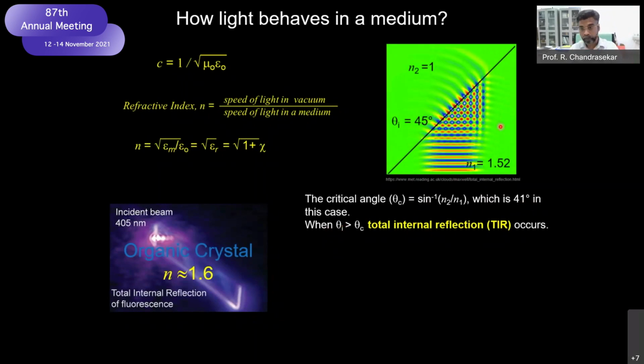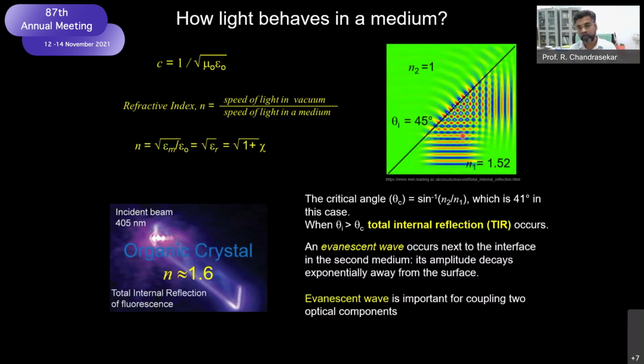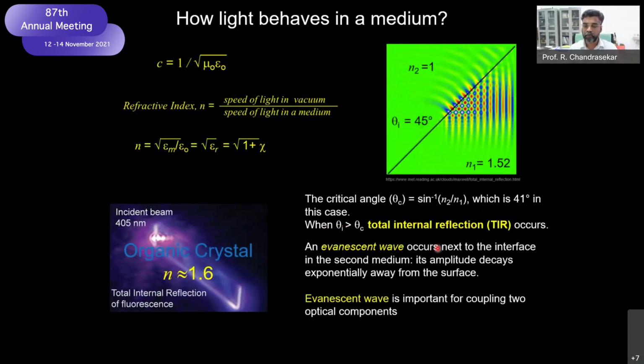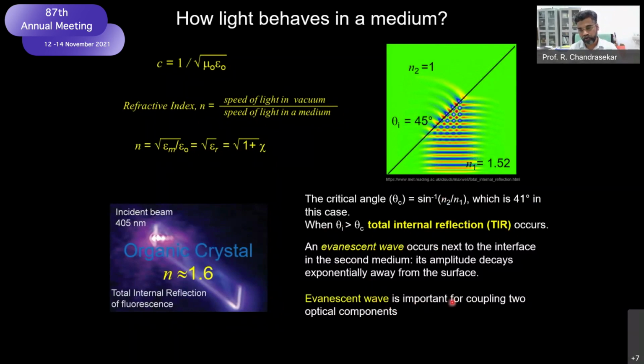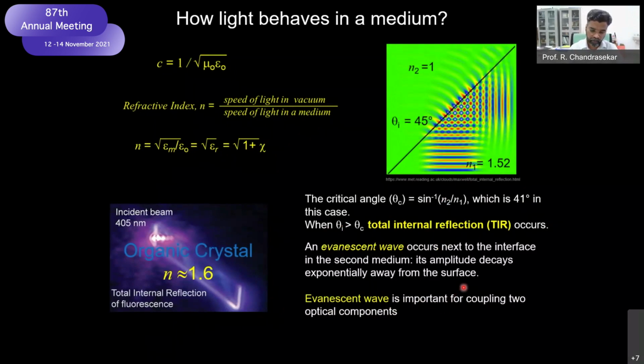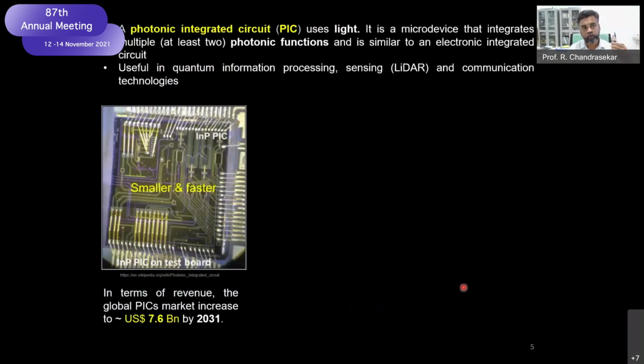During the reflection, some part of the field goes out into the rarer medium, and its amplitude decays exponentially as it goes away from the surface. This is called an evanescent wave or field, which is very important in photonics because it is used to couple two optical components.